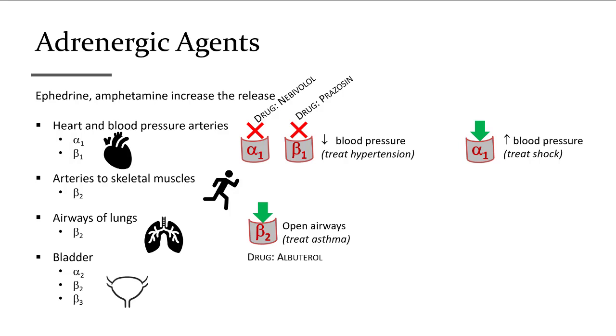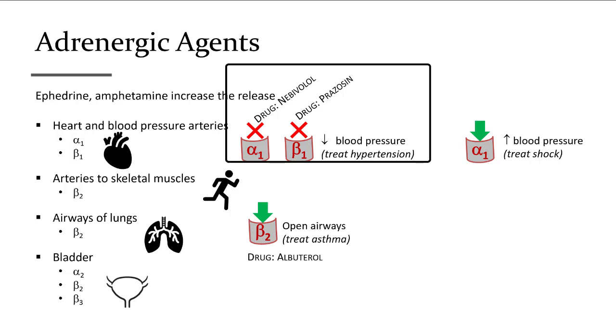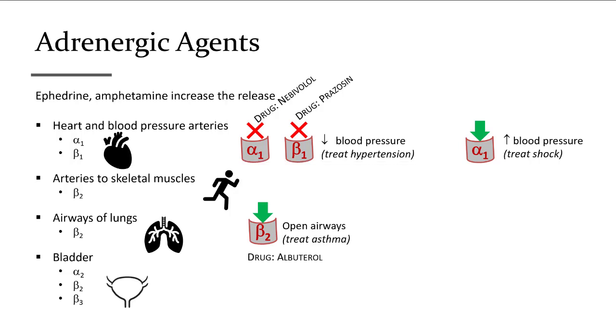So adrenergic agents like nebivolol or prazosin are going to be blockers, and they will help lower blood pressure. You might give an alpha-1 agonist, which is going to enhance the sympathetic nervous system, to somebody if they're in shock. Conversely, if you give a beta-2 agonist like albuterol, that's going to open the airways as a treatment for asthma.